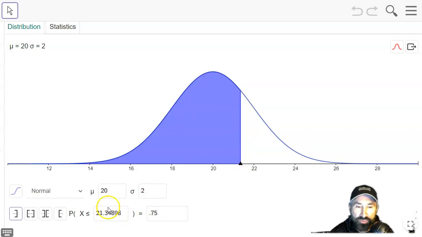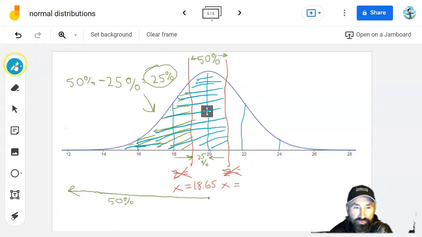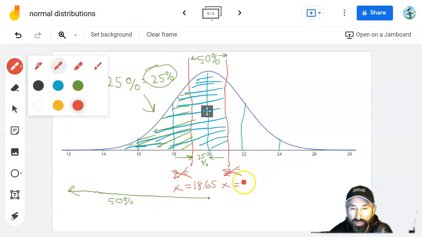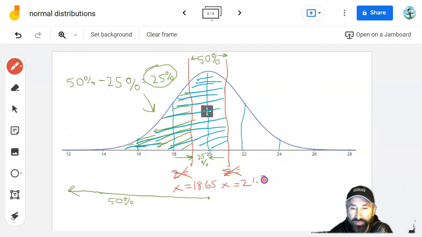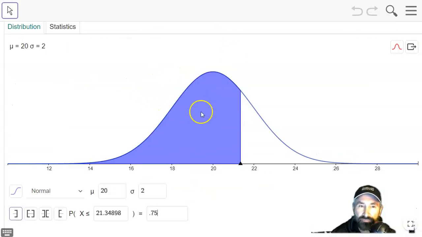And that gets me 21.35. So let's put that in. 21.35.